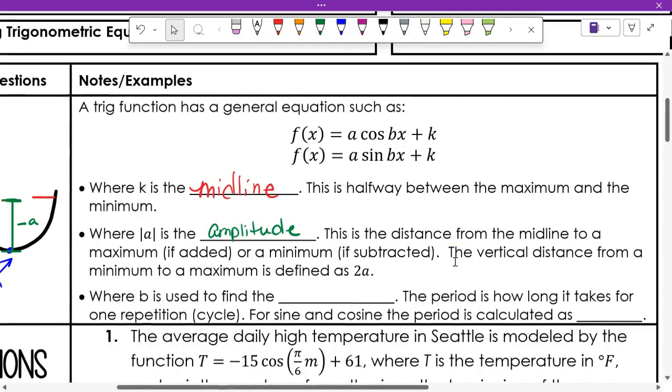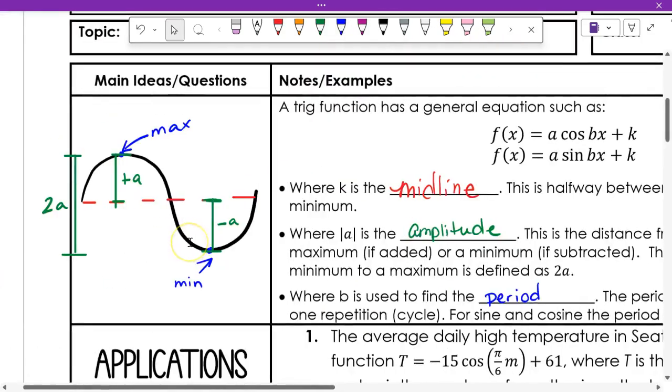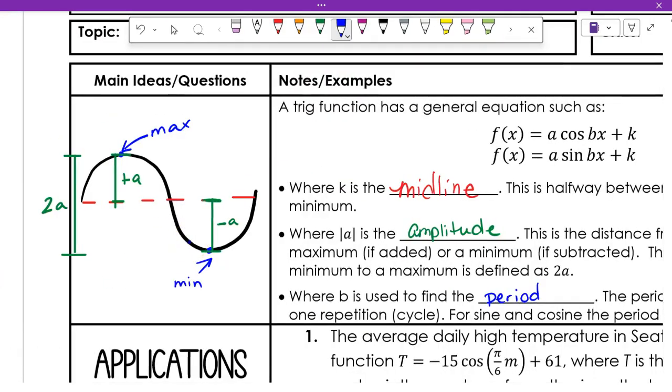Okay, now B, this interior part here, is going to be used to find the period. The period is how long it takes for one cycle to occur, or one repetition. So what I'm looking at right here would be one period, because after this point it would continue with a repetition of that.